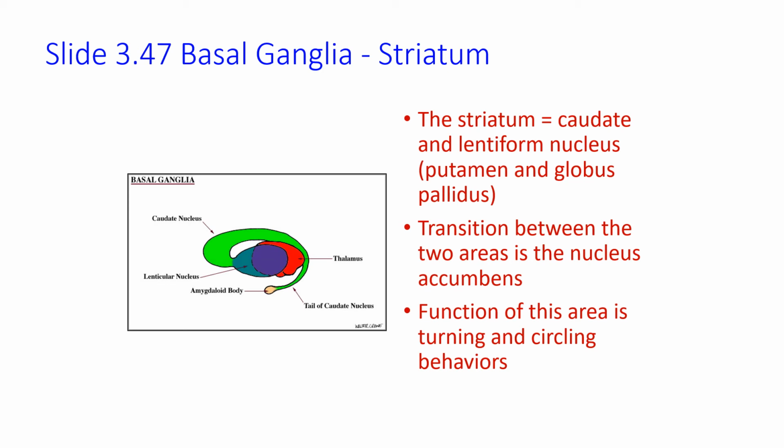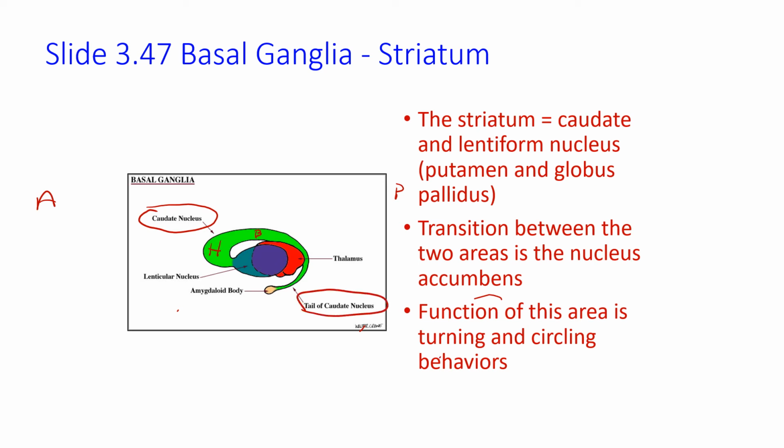And we said first of all that the neostriatum is going to be made up of the caudate nucleus. And the caudate nucleus is shown in this kind of light green color. Going from anterior to posterior, we are going to see that the caudate nucleus has a head, it has a body, and it has a tail.